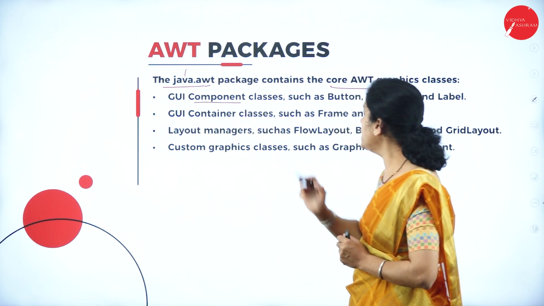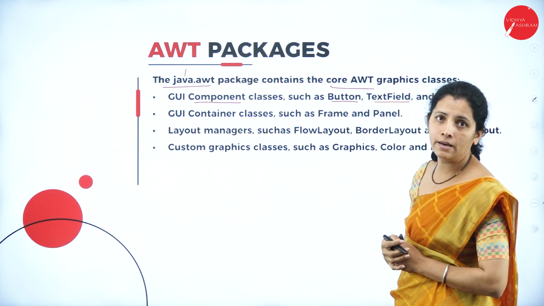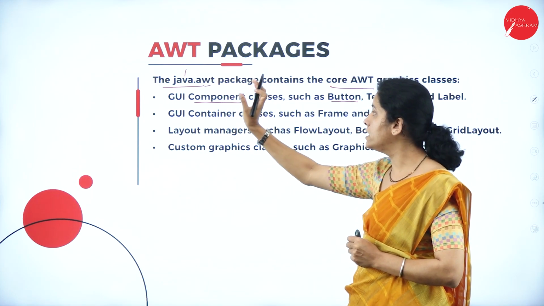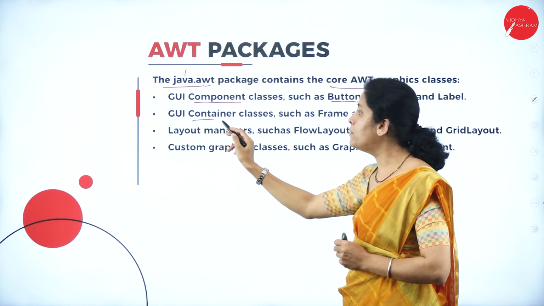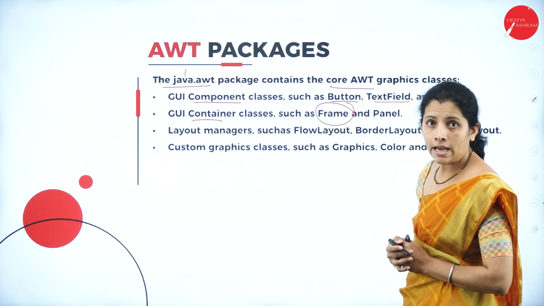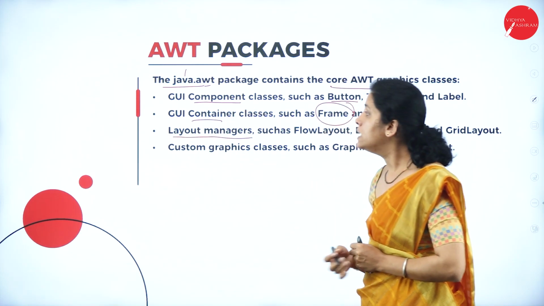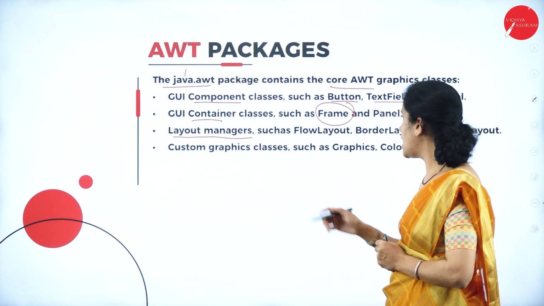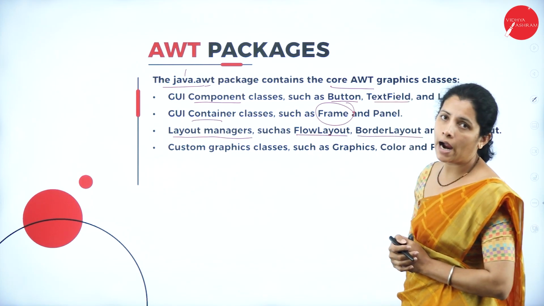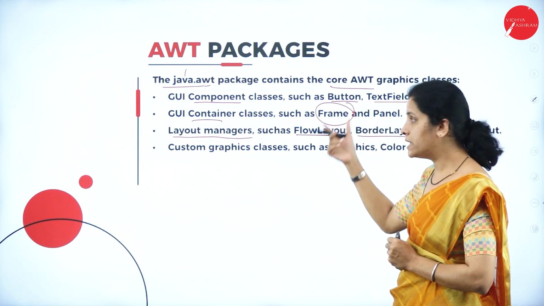So what is a component here? If I have a button, text field, or label, then it is termed a GUI, that is graphical user interface, component. And what about a container? When I have frames and panels, then it is known as a container. Then I have layout managers such as flow layout, border layout and grid layout, to manage my application layout.